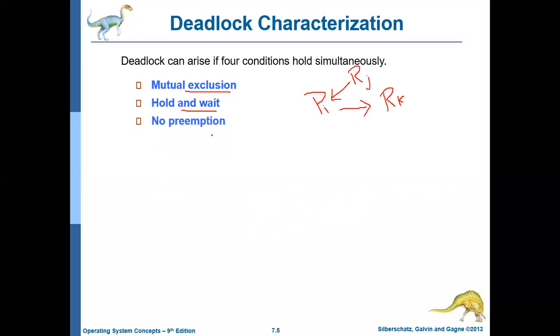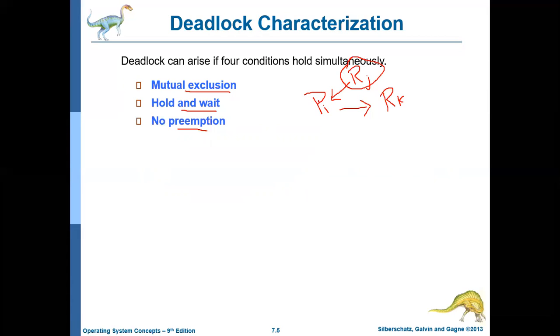The third condition is no preemption. Previously we have discussed preemptive and non-preemptive processes, but here no preemption means the resource cannot be taken away from a particular process by the operating system.